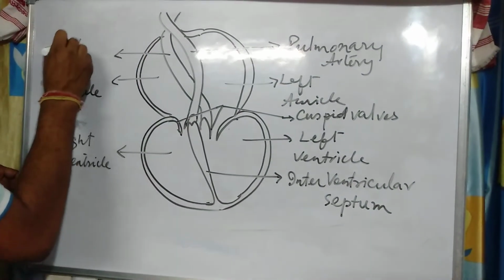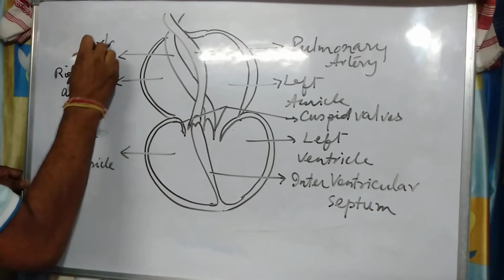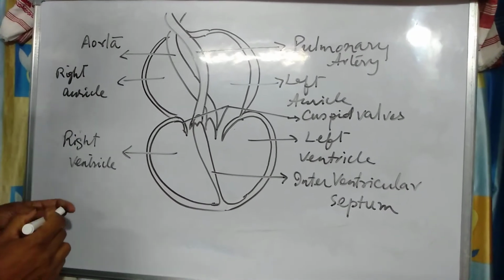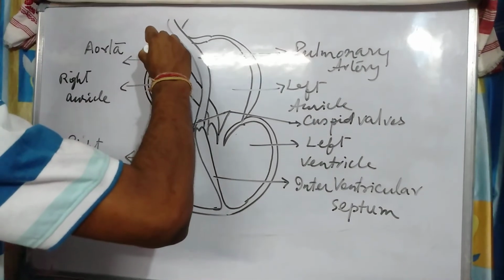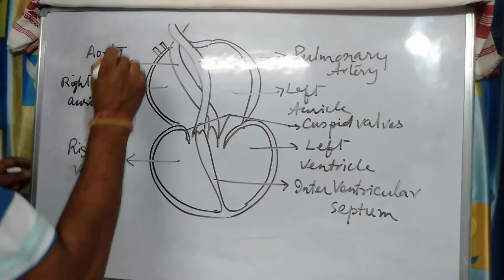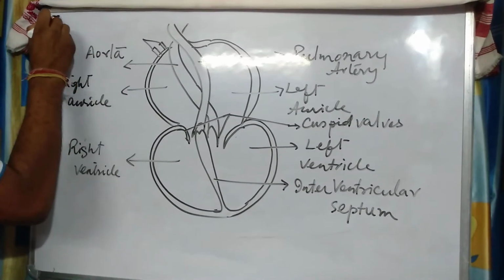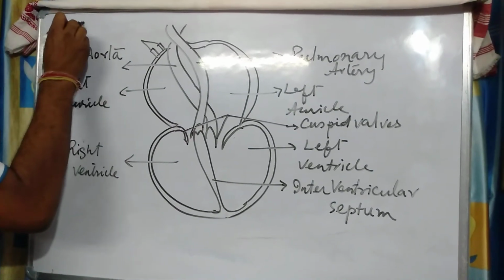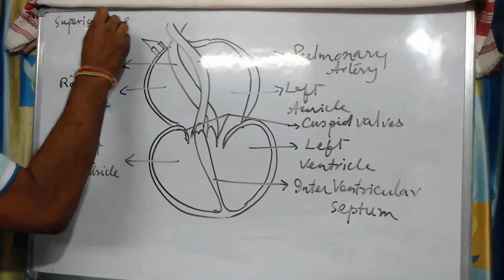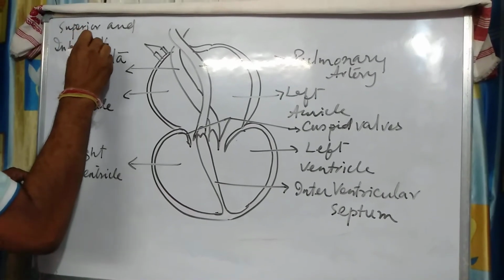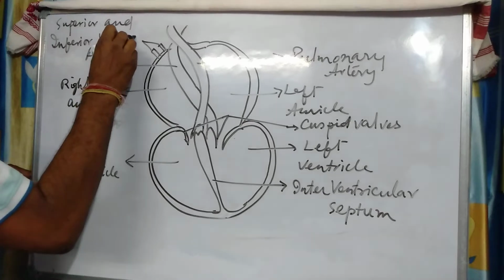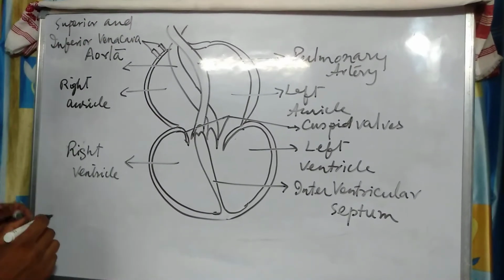This one is called the aorta. Clear? Here we are having two passages. These two are called superior and inferior vena cava. Is it okay to you?